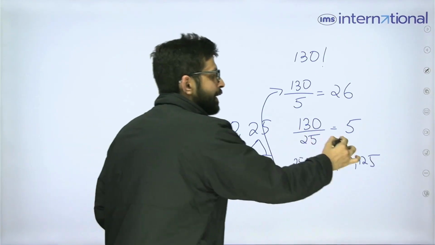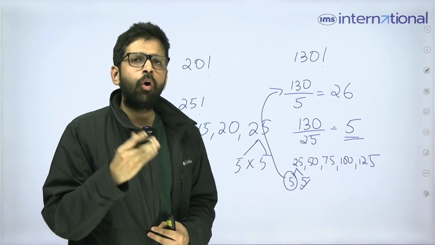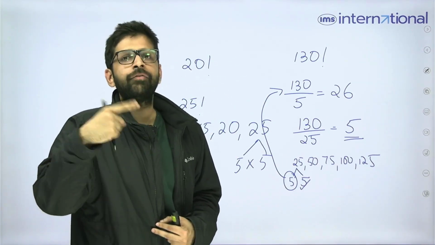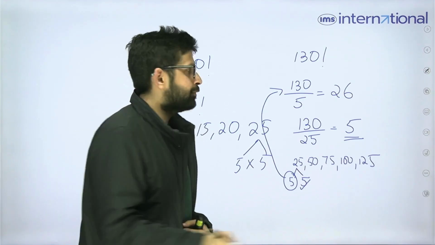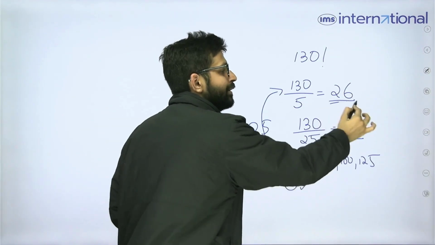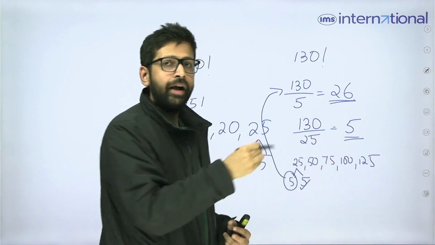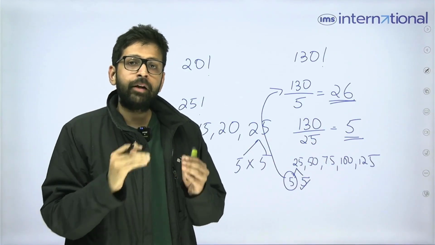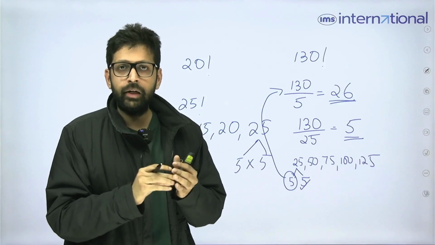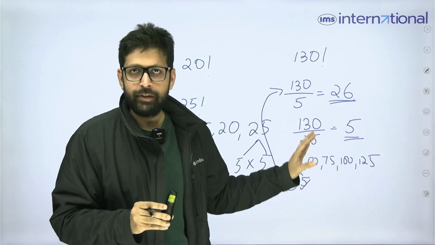So these 5 multiples of 25 are going to contribute one additional 5. There were 2 5s, but one of those 5s was already counted in these 26 5s. So don't make that error of multiplying this 5 with a 2. There were 2 5s, no doubt about it, but both of them are being counted separately. One in multiples of 5 and one in multiples of 25.